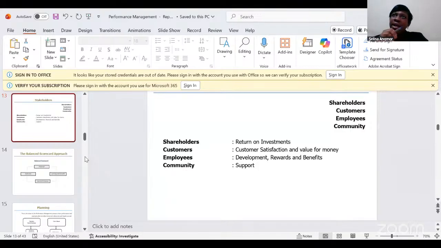The yearly strategic goals are cascaded down to departmental goals. So then you have departmental heads coming in. Then the goals are further cascaded down to individual goals. Then you have line managers or supervisors coming in, and all employees also coming in.